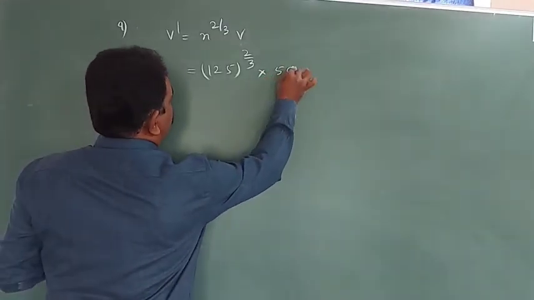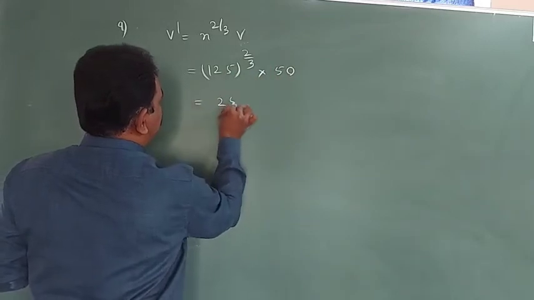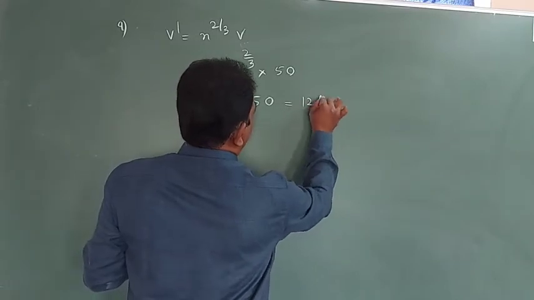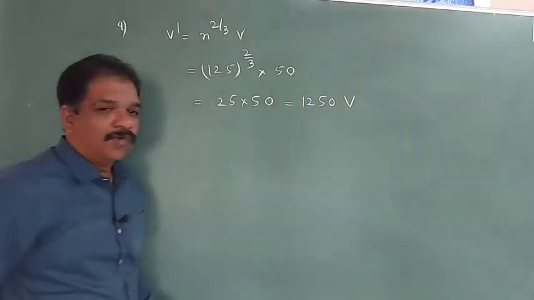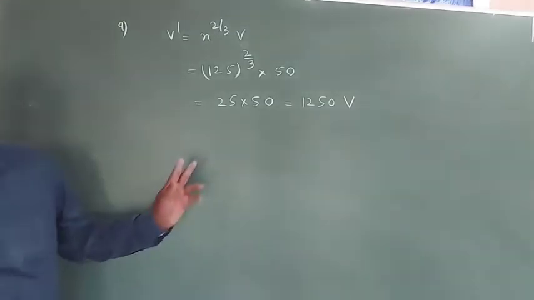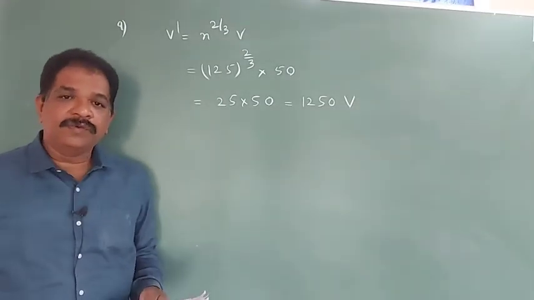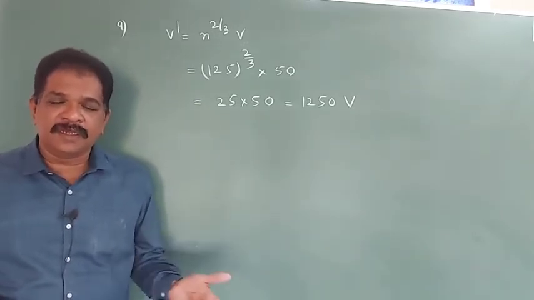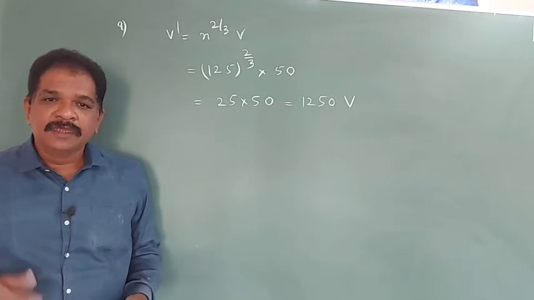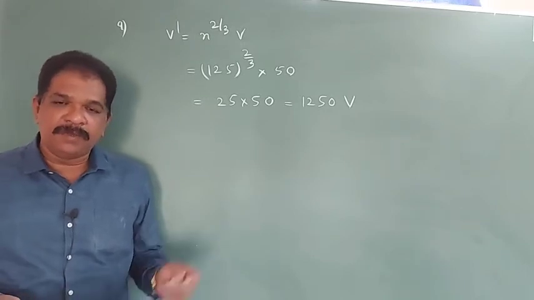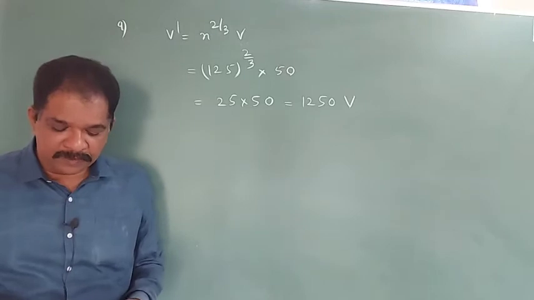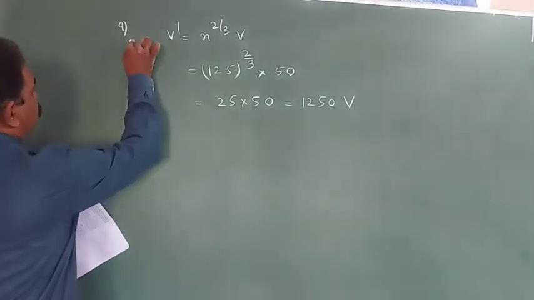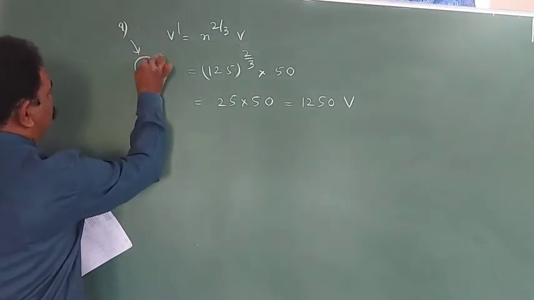So 5 cube, so 5 square means 25 into 50, this value will be 1250 volt. Simple, in one step it will complete. If you remember those shortcuts, they can ask energy, surface charge density, capacity, potential, whatever it may be, in a single step you can calculate those values. So 9th question, it will be option 4.